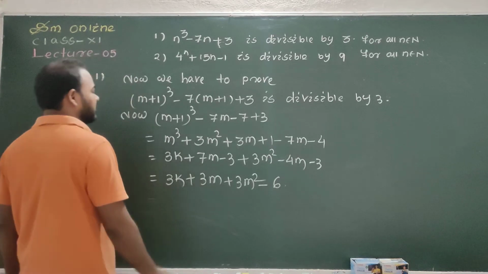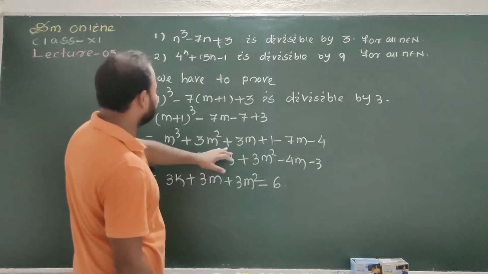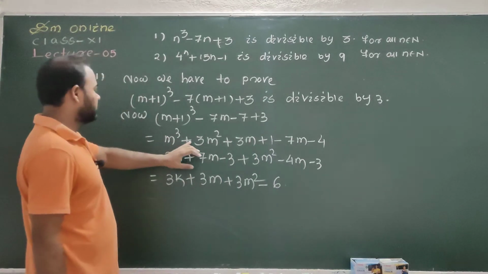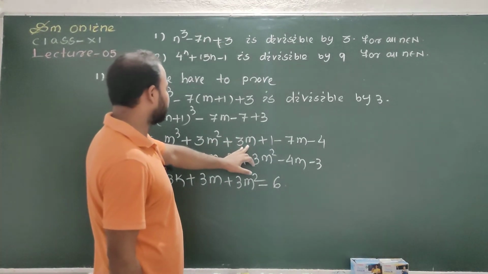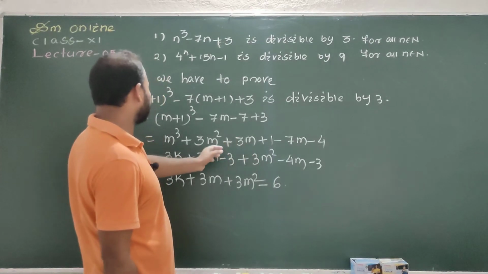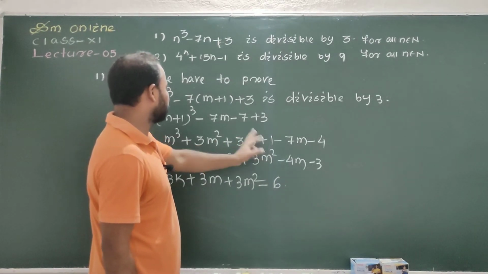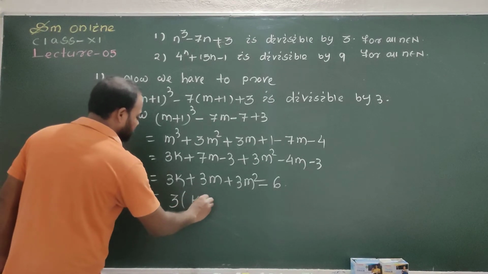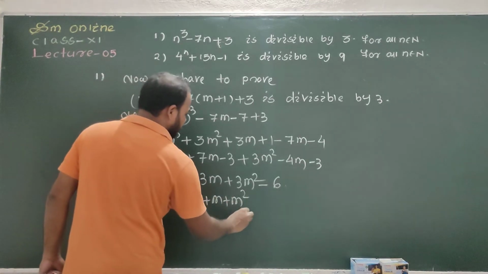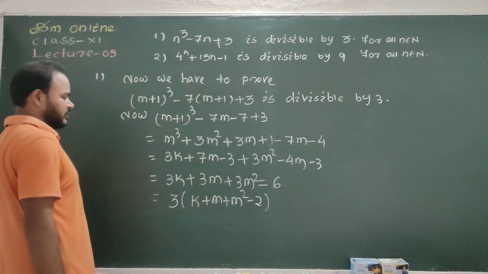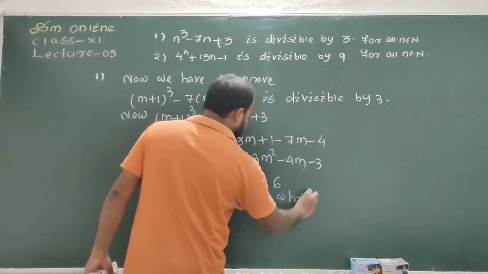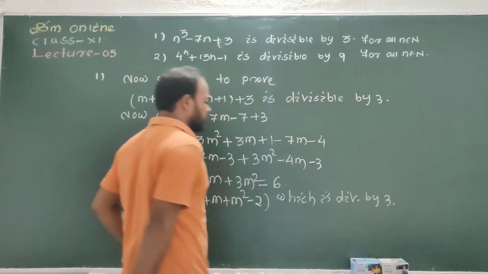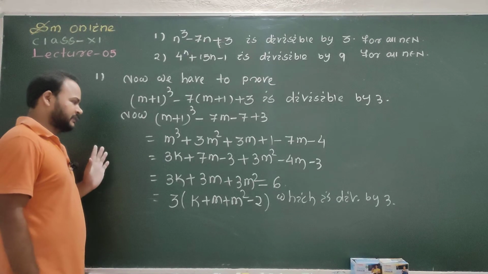Clear? Now it is equal to 3 common: 3 times (k plus m plus m squared minus 2), which is divisible by 3.